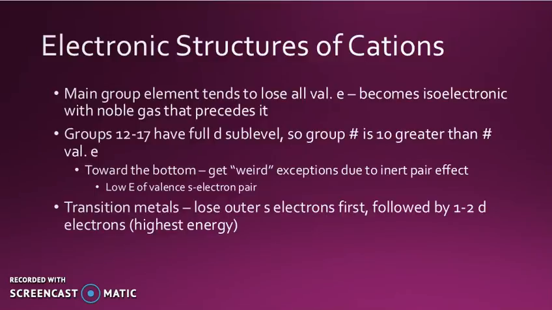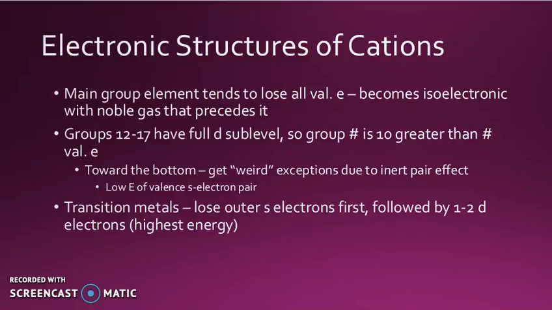Toward the bottom, there are weird exceptions in terms of what ions things will form. Essentially, that's because the paired s electrons change things and weird things happen. The transition metals, remember, can often form multiple charges.